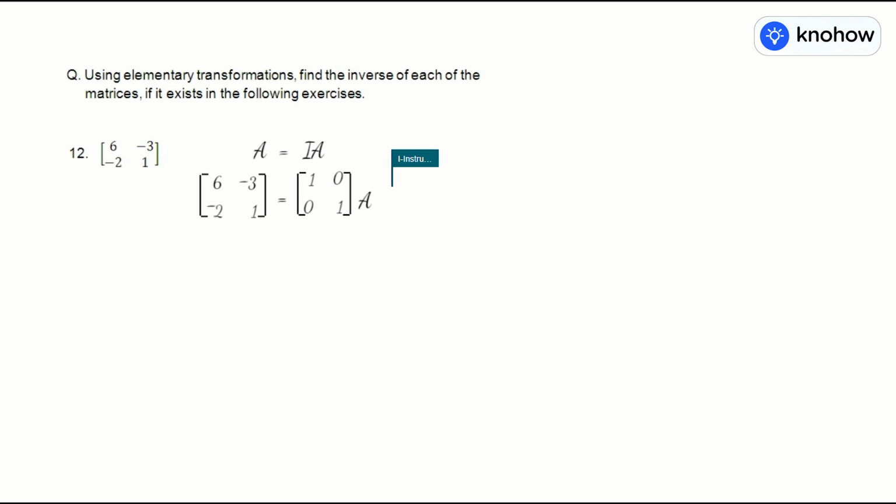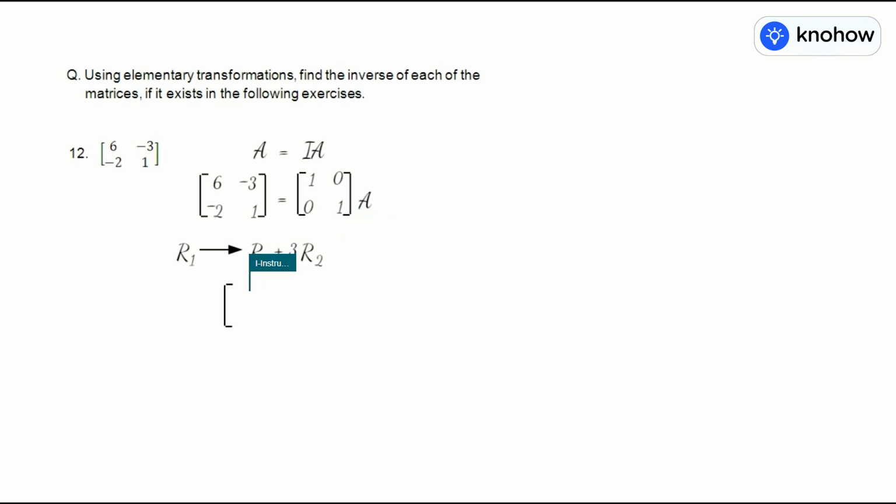Now, see here, do you find that the elements of the first and second rows are proportional? The elements of the second row multiplied by minus 3 will make the first row. So let's see what happens if I replace R1 by R1 plus 3 times R2.